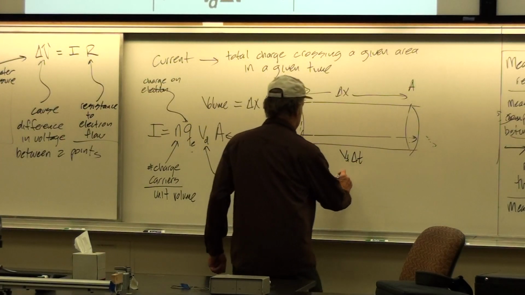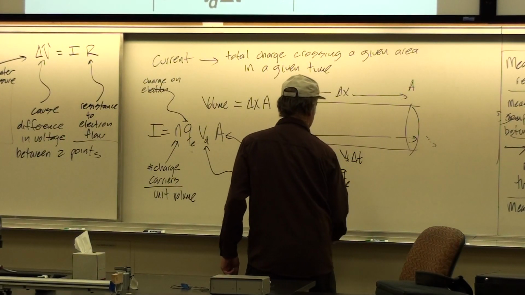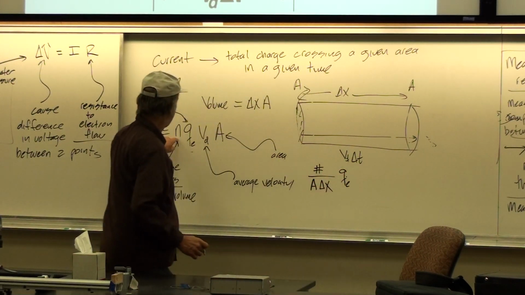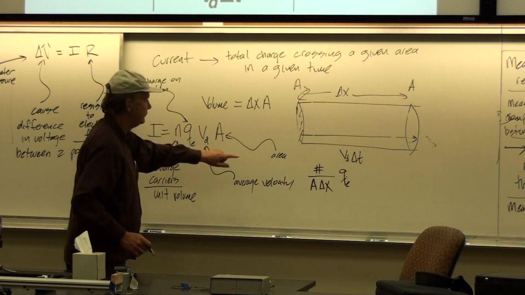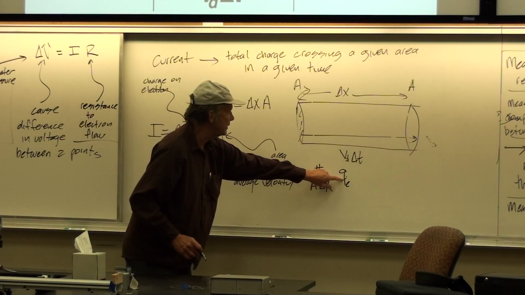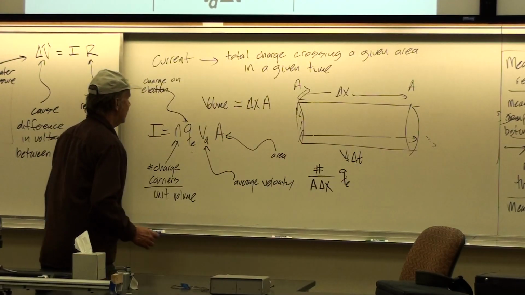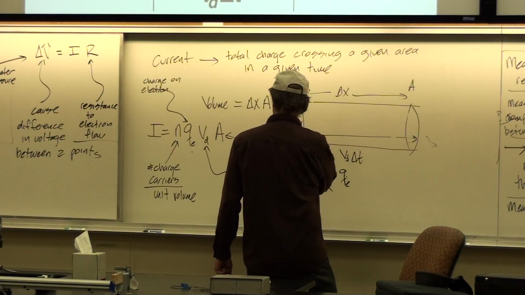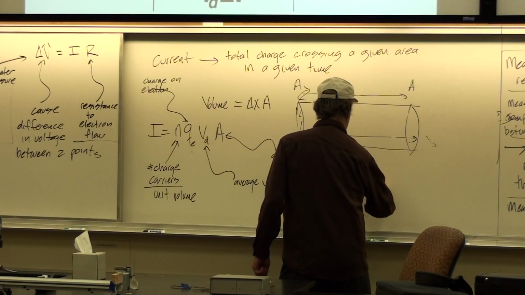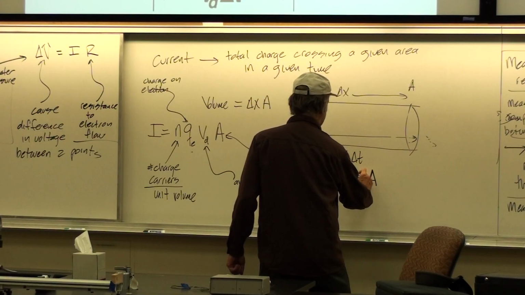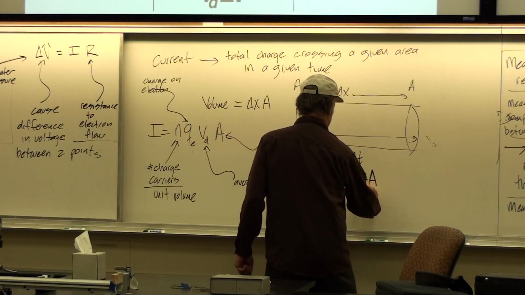Then you'd have the charge on each electron. So this is the total amount of charge divided by the volume, these two here. So the number of electrons in that volume divided by that volume, times the charge on the electron, times the area times v drift, which we could think of as delta x over t.